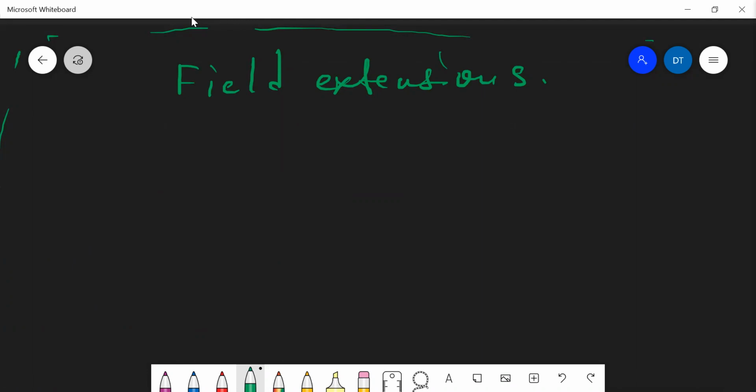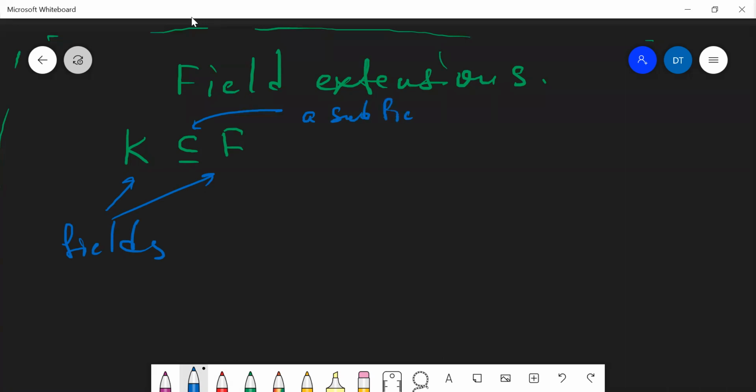So now I want to discuss a pair of fields. Suppose you have two fields, K and F, and K is a subfield of F, which means it's a field and it's a subring. So these two are fields, and this means a subfield, which means the inclusion is a homomorphism.